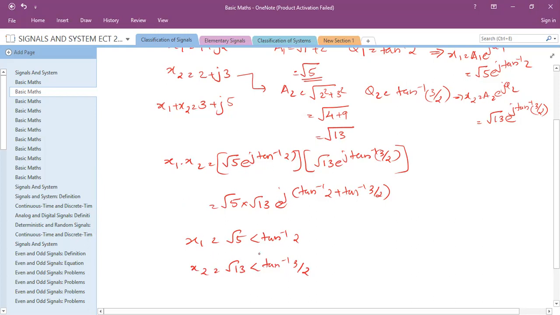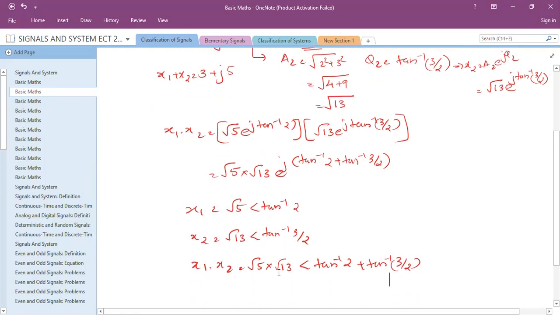So when it is given directly in this form, x1 into x2, we can simply find the product of the magnitude part, root 5 into root 13, and for the angle, we can add tan inverse 2 plus tan inverse 3 by 2. So the magnitude part you will simply multiply, and the angle part you will add, when it's a product.